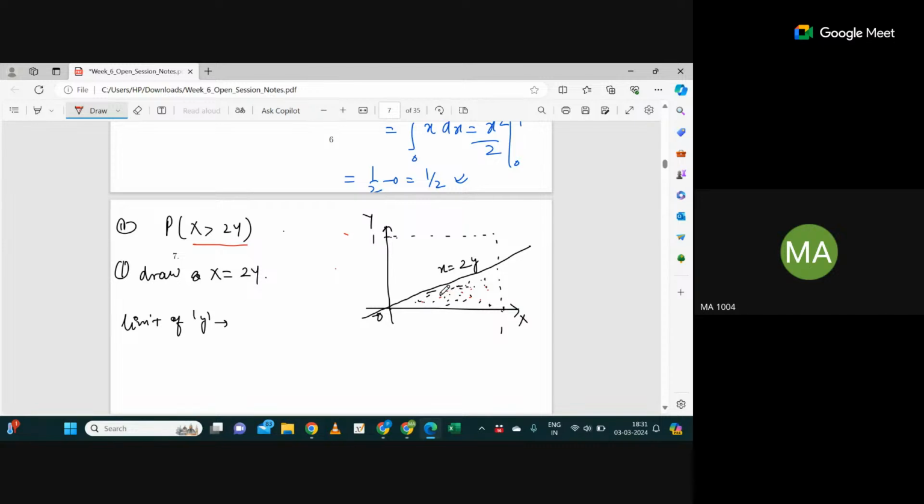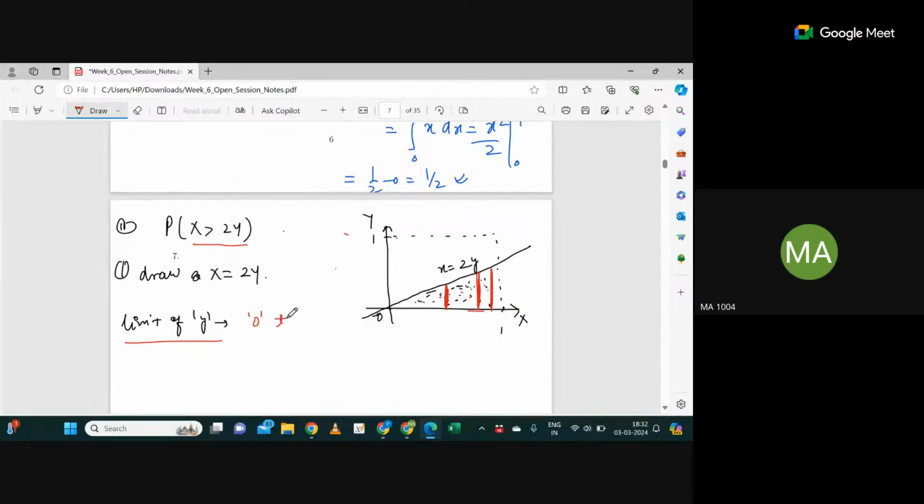Now, if I take the value 0 to 1 for x, what about y? Or we can do it in the opposite order also. To find the limit of y, I will draw a line parallel to the y-axis in the region. If you draw a parallel line to the y-axis anywhere in the shaded region, what will be the limit of y? On the x-axis, y will be 0, right?